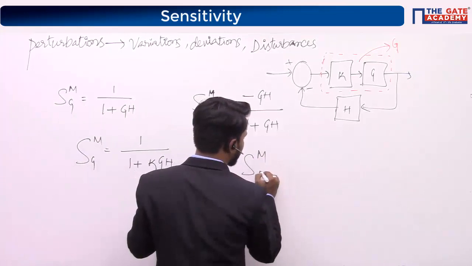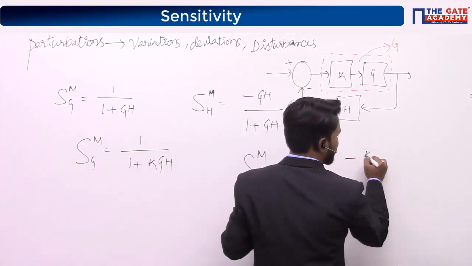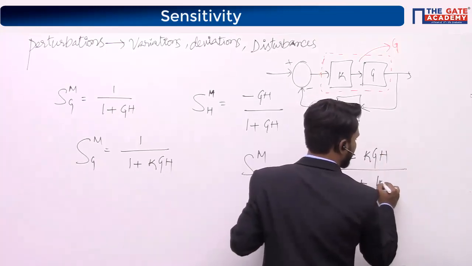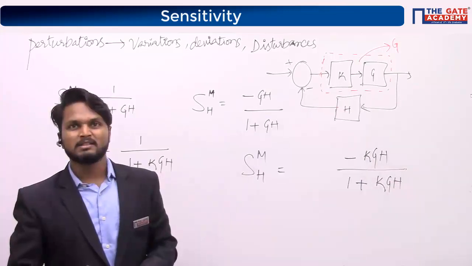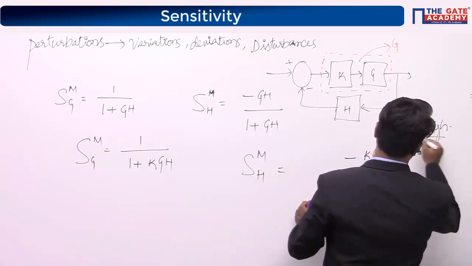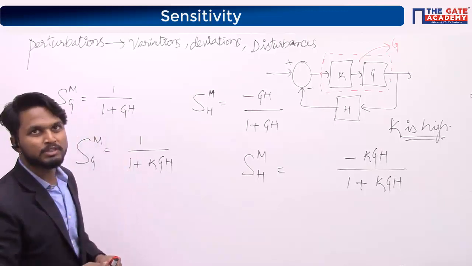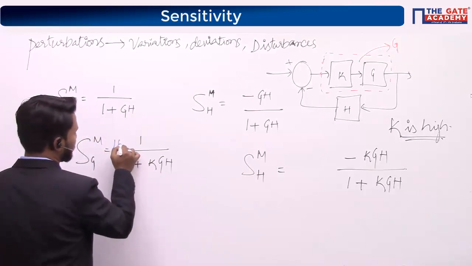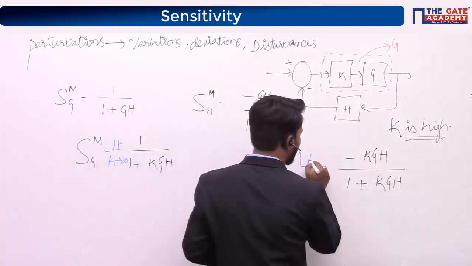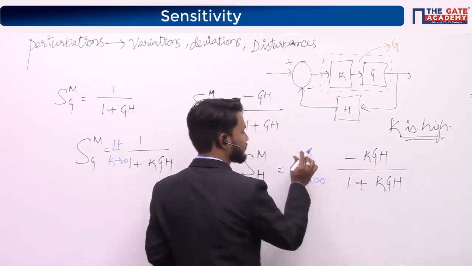Sensitivity of the overall transfer function with respect to H is what here? It is minus KGH divided by 1 plus KGH. It is given K is very high, which means K approaches infinity.